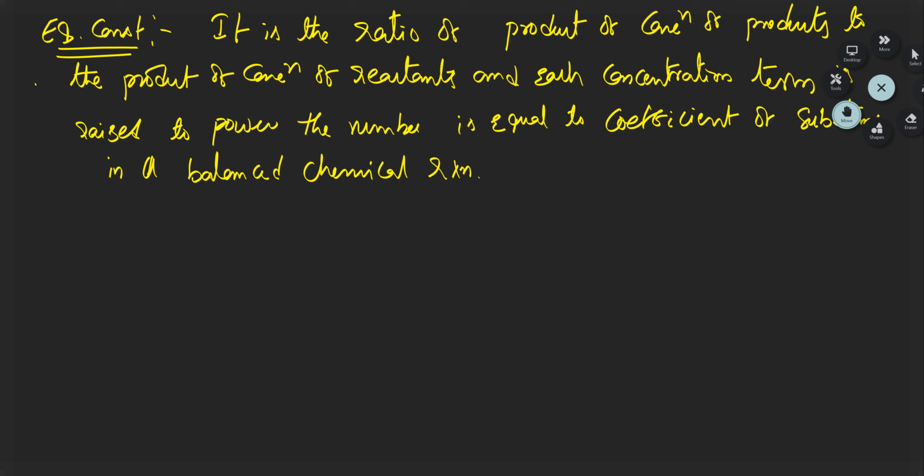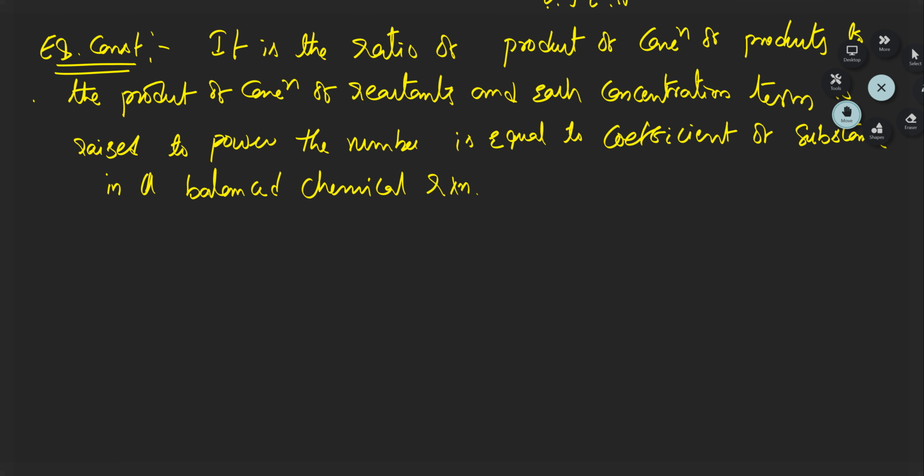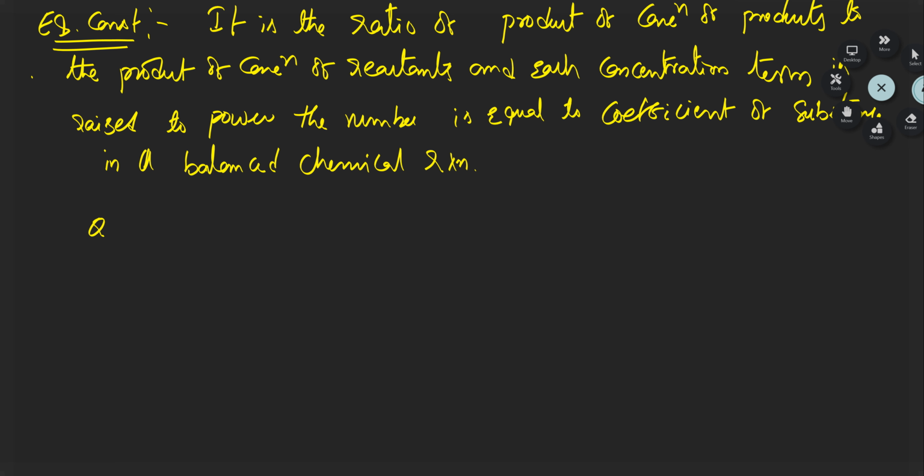Take it. N2 plus 3H2 forms 2 moles of ammonia. Write the equilibrium constant for this reaction.